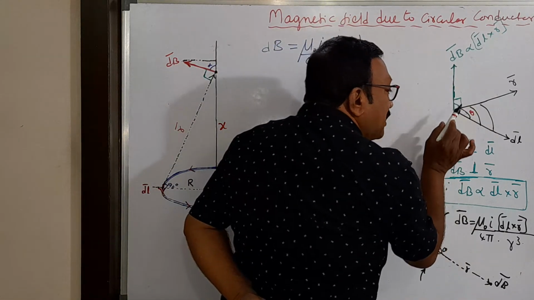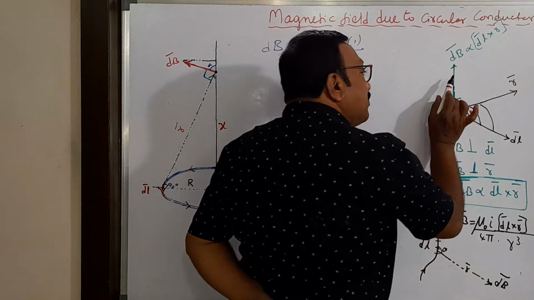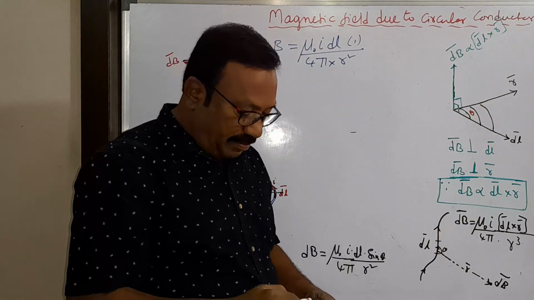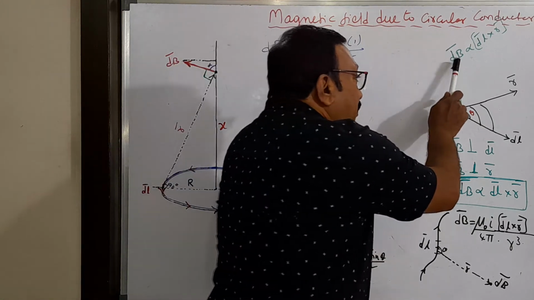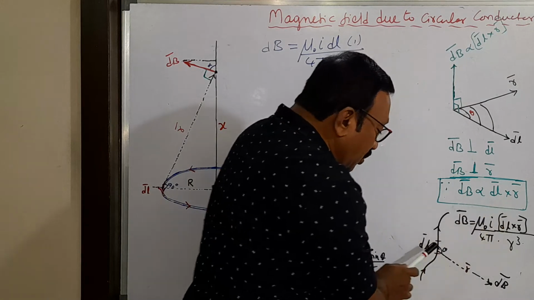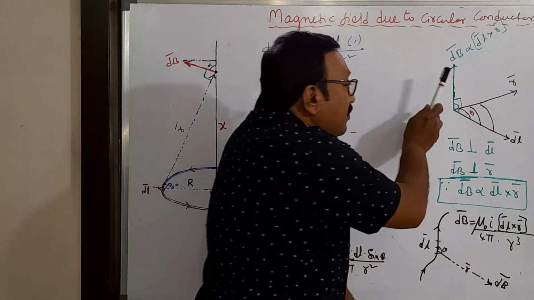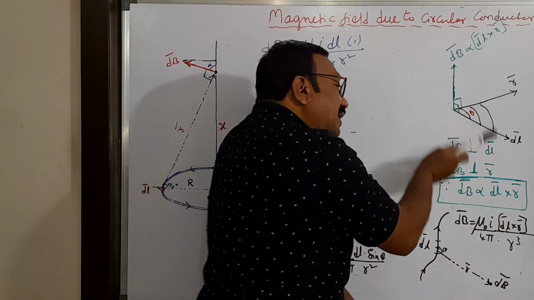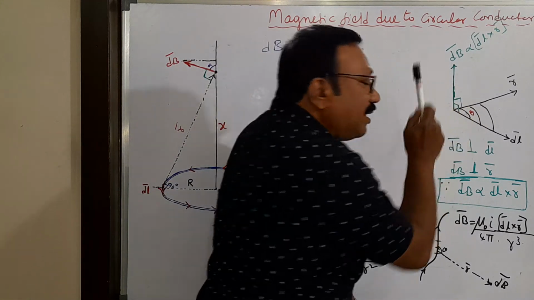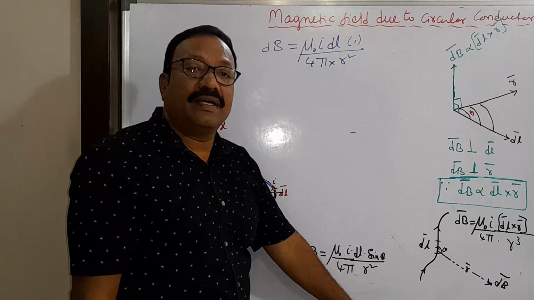This dB bar is perpendicular to dL bar, and as well as this dB bar is also perpendicular to r bar. That means the magnetic field dB that is produced due to this element dL will be perpendicular to both r and dL, or it is perpendicular to the plane containing r bar and dL bar.